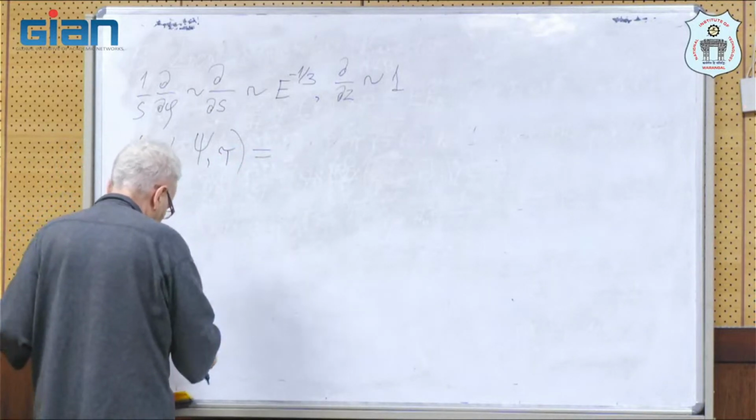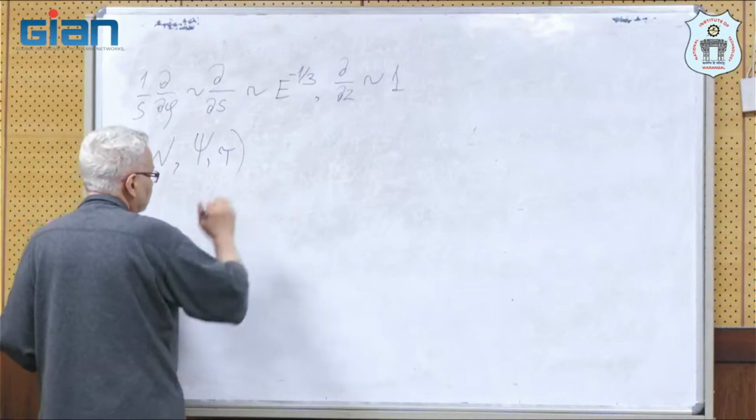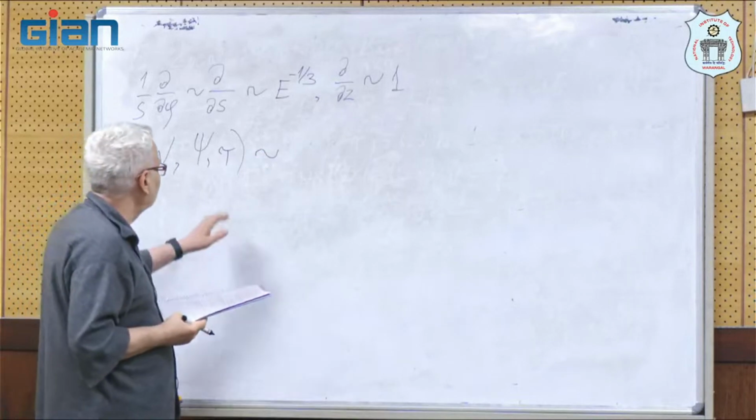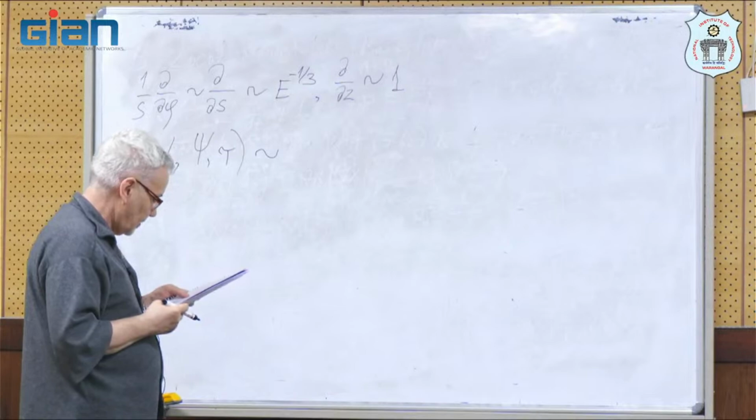And we just represent it. Maybe better to write that it's not equal, but just proportional, because there could be some proportionality coefficient, which generally speaking depends on some variable.